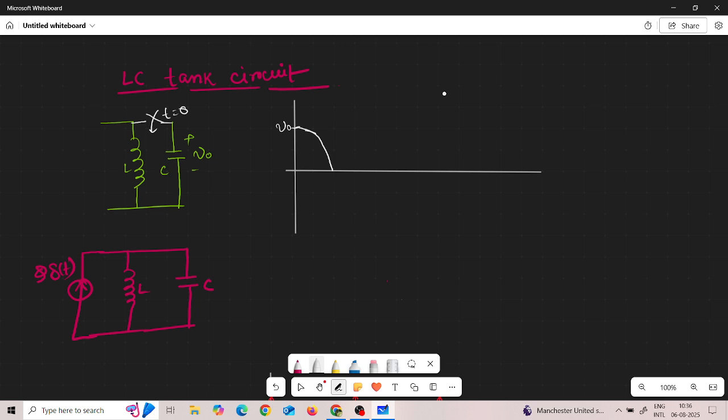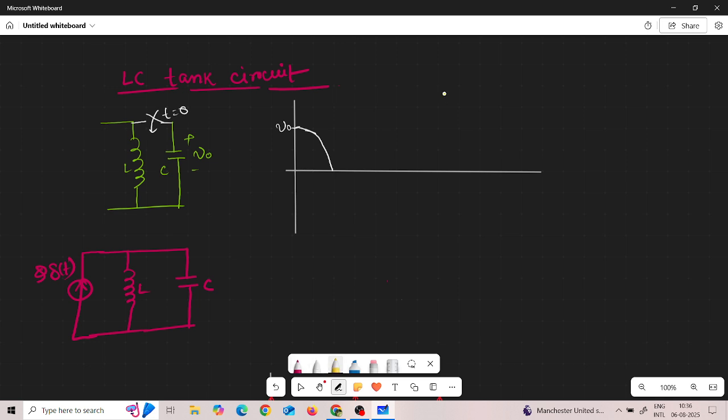When the voltage becomes 0, then the current through the inductor will become maximum, because the stored energy in the capacitor in the form of voltage will now go to the inductor in the form of current.